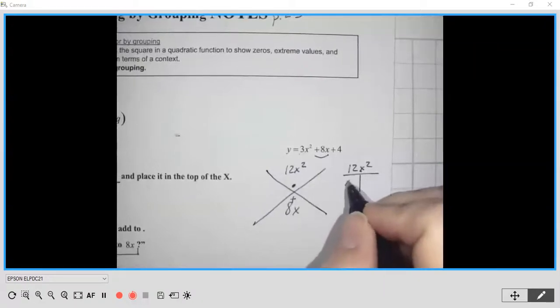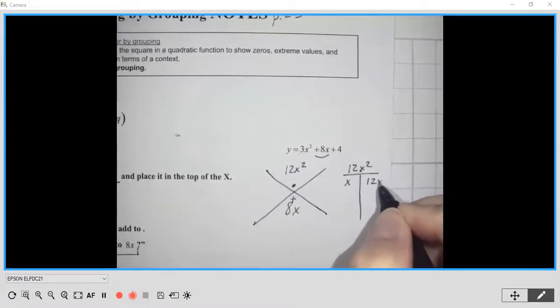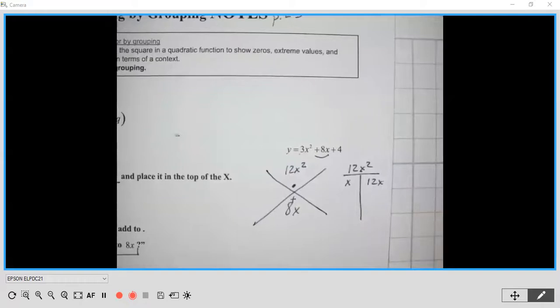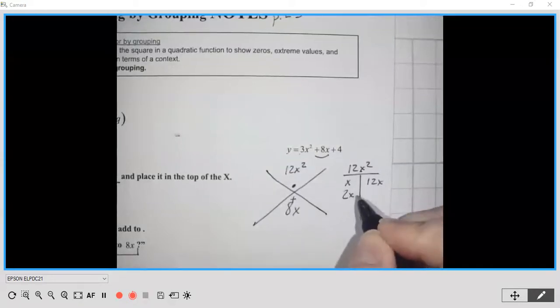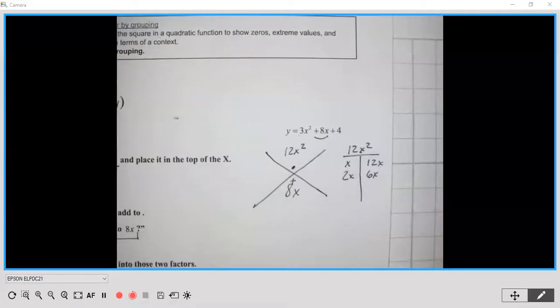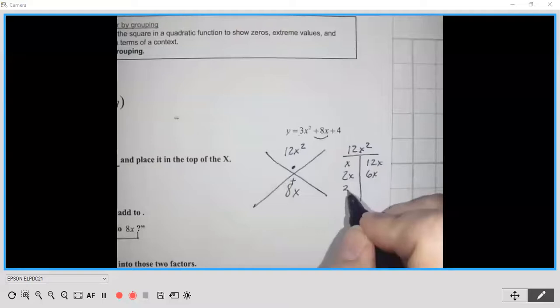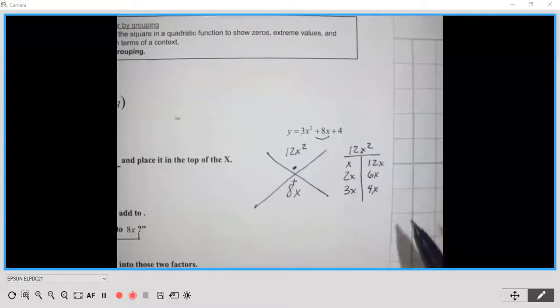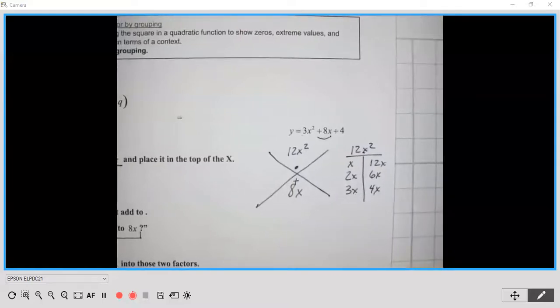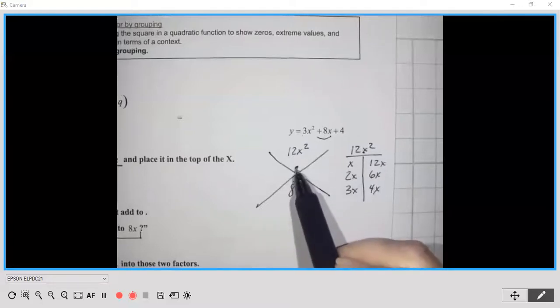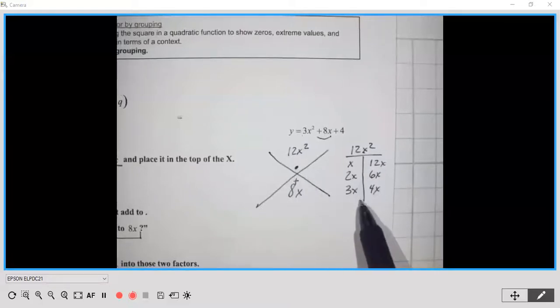I can multiply x times 12x, so that's 1 times 12 is 12, x times x is x squared. 2x times 6x would multiply together to give me 12x squared. And 3x times 4x would multiply together to give me 12x squared. So that takes care of this part.